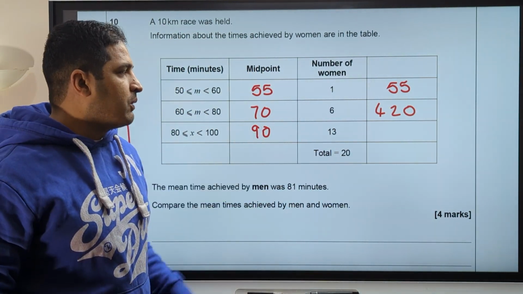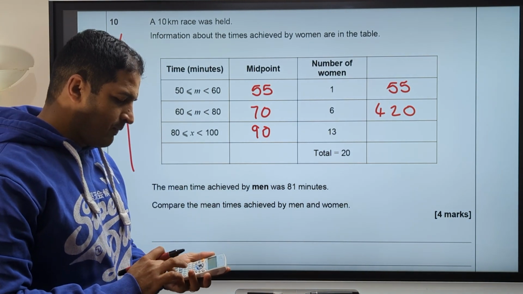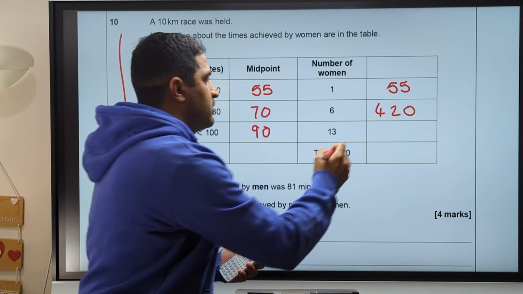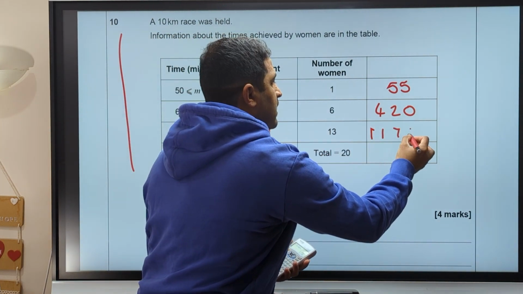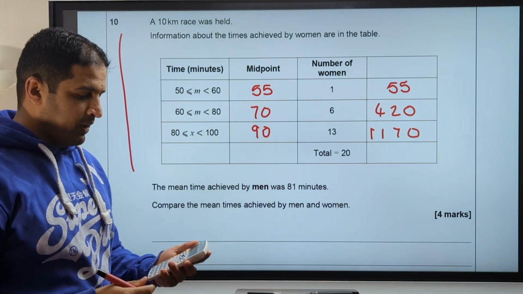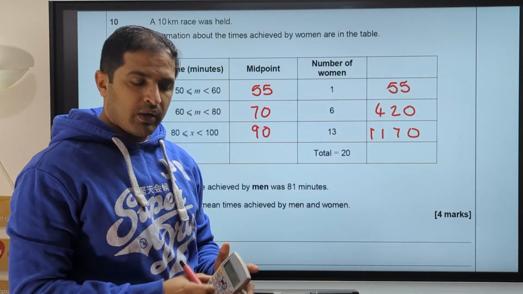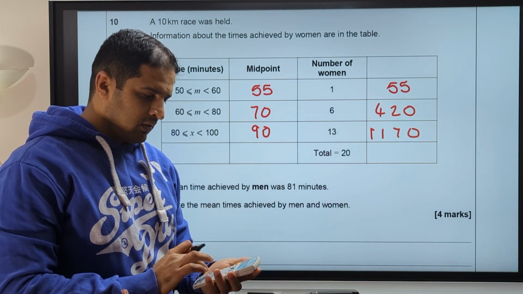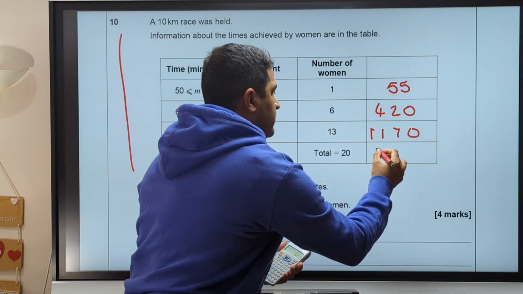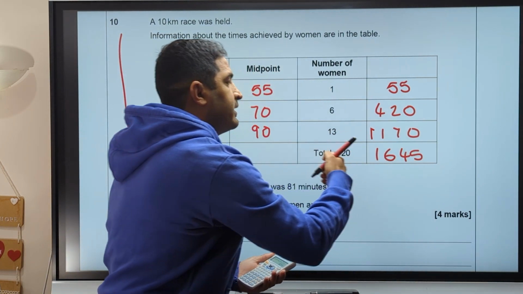And then 13 women took 90 minutes, so we're going to do 13 times 90, which is 1,170 minutes by these 13 women. So altogether we need to work out how long all 20 women took. So we can add those numbers on. We get 1,645 minutes taken by these 20 women.